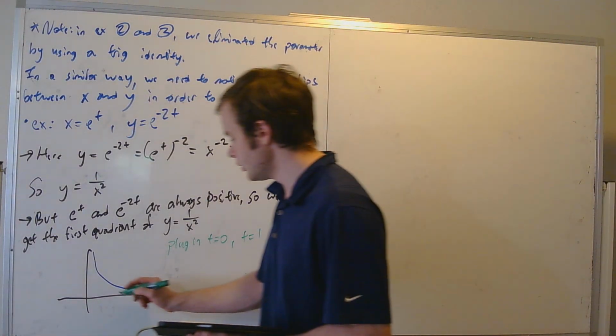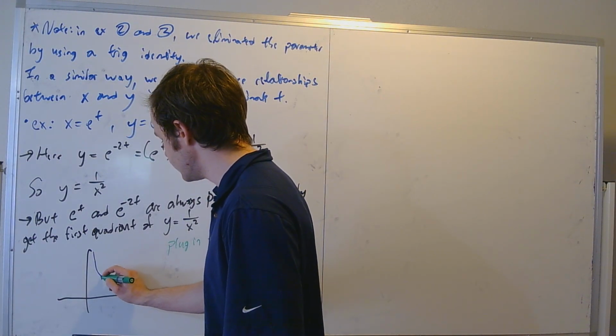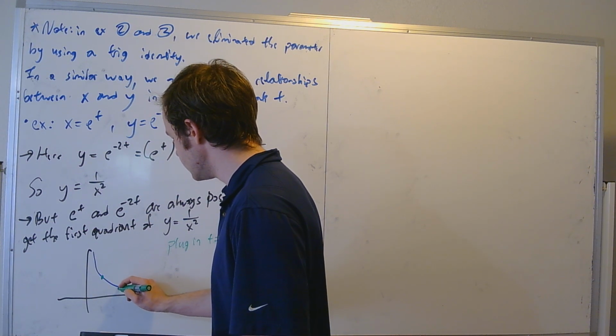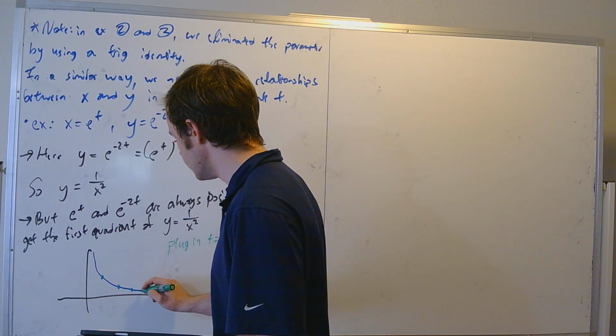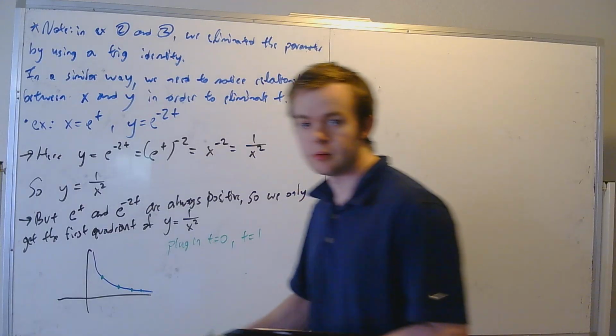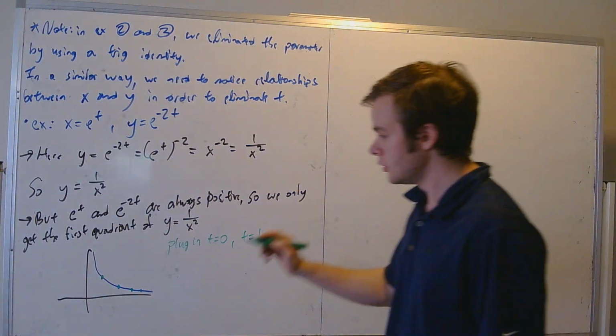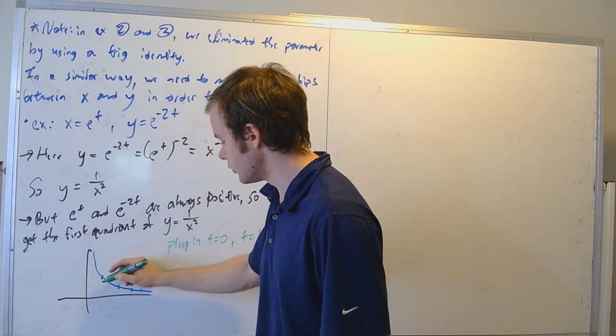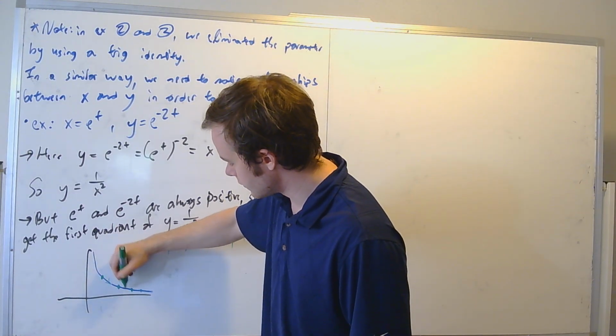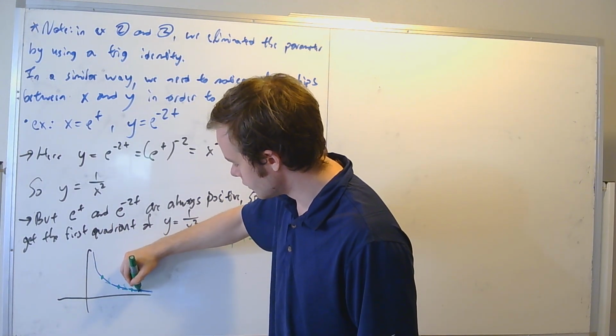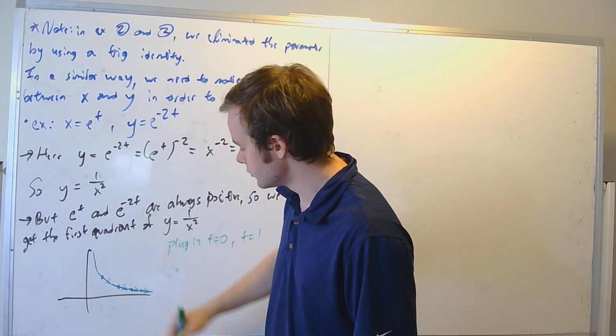We start here, and our next point is going to be over here, and so on, if we just keep plugging in points. So we can see that we're moving from left to right. So we're moving this way.